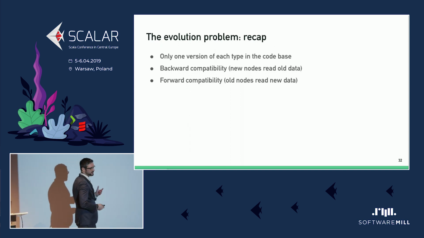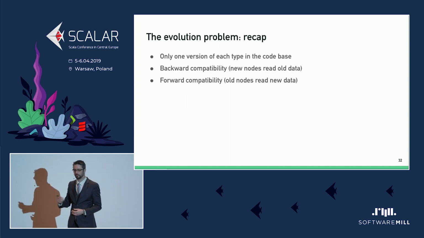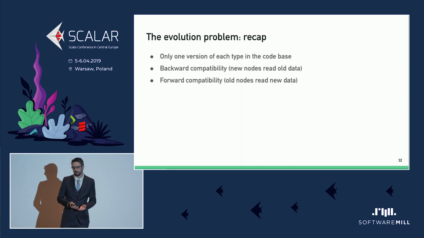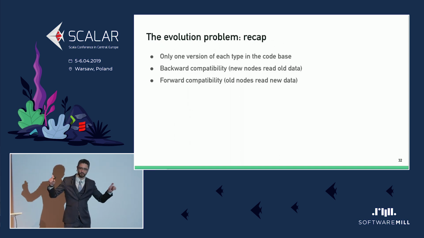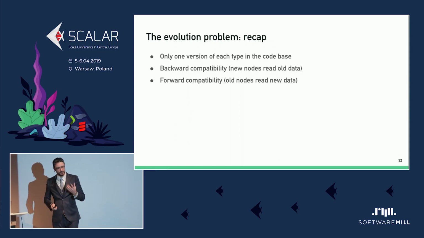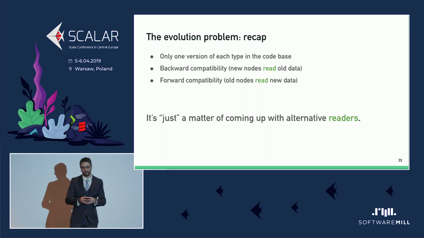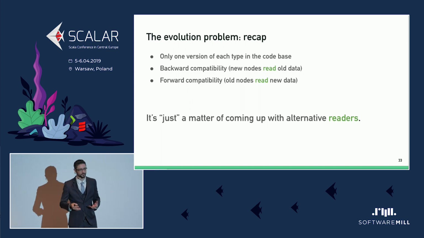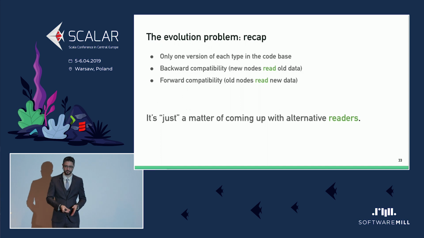We need to implement two things, which are backward compatibility and forward compatibility. Backward compatibility is being able to read old messages, and forward compatibility is being able to read new messages from the future. So the important word is to read. We'll solve the evolution problem just by coming up with readers, alternative readers, able to read messages from other versions of the code we are running.